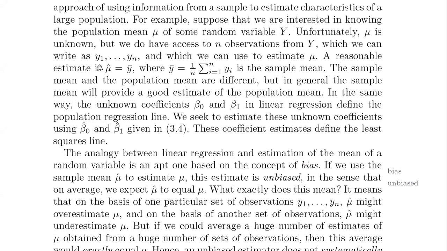So if you have access to n observations, you can estimate mu. A reasonable estimate, you could just say, okay, well, I think that the population mean is equal to the sample mean. The true population mean is mu. I can estimate it.